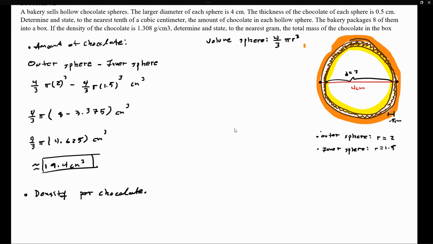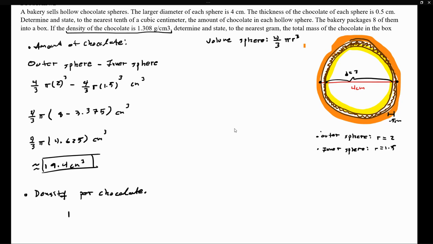But we also know that the density of the chocolate is approximately 1.308 grams per centimeter cubed. But now notice that we don't have the same problem as the previous example, because now the units of the volume match the units of the density. So we don't have to do any unit conversion. All we can do is just multiply it.